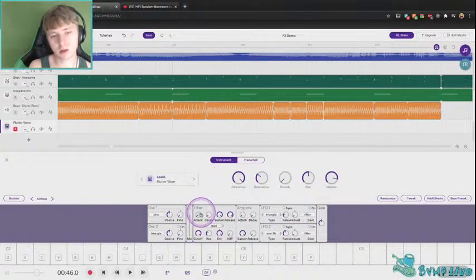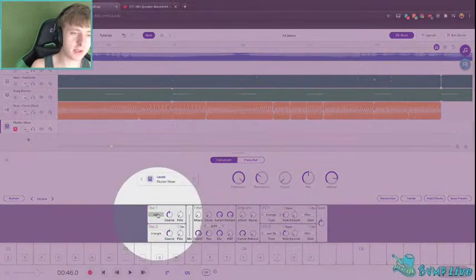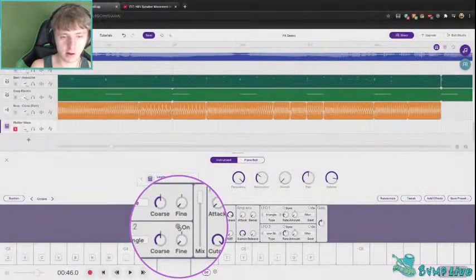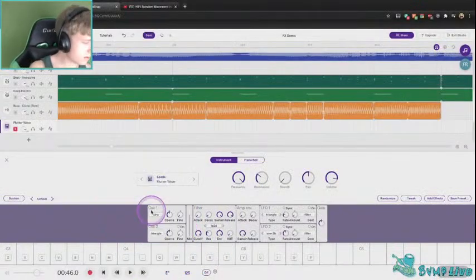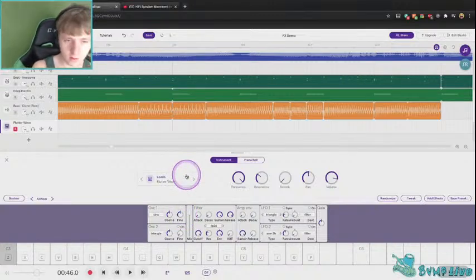I guess mix wasn't cutting it out entirely. I had to turn off oscillator 2. So we're just hearing oscillator 1 right now. If you don't want to hear the other one, turn it off through the button here. So, sine. I think I have to adjust fine to the middle. Okay, now it's in tune.